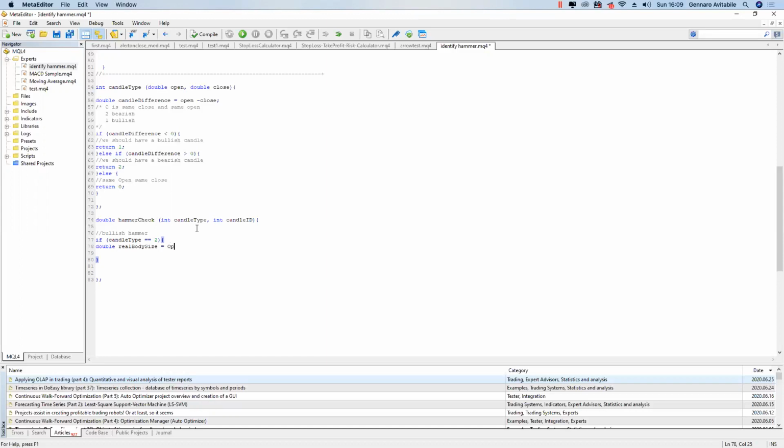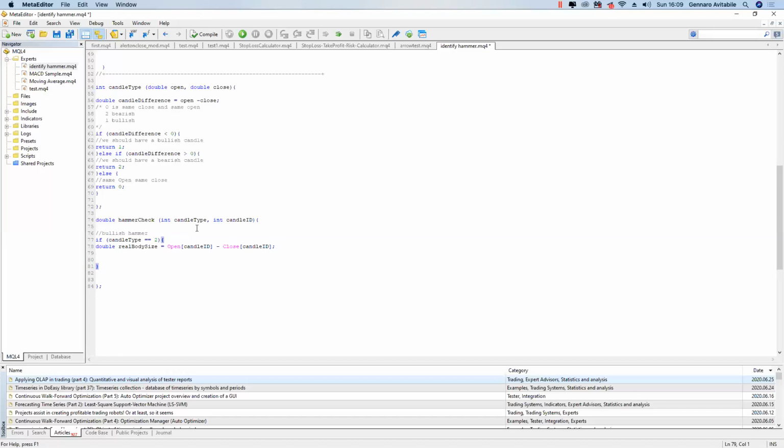So open, and here we're going to just say candle ID, minus close of this candle ID, which is the same candle anyway. Now we have that.